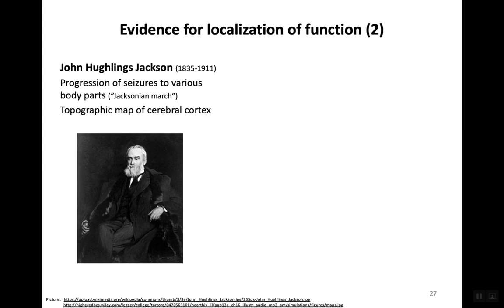What does this mean? Presumably, it means that the cortical areas responsible for different body parts are organized in a systematic manner, and more importantly that we do have cortical areas responsible for, let's say, the thumb and then the index finger and then the ring finger and so on and so forth.